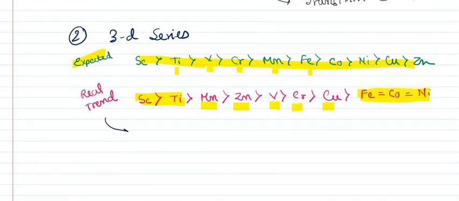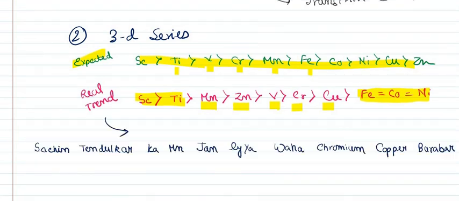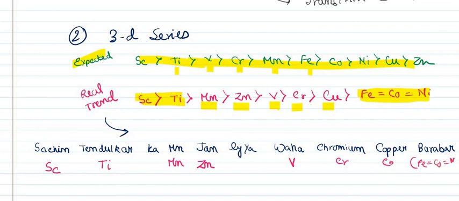But how you can memorize? There is another mnemonic that I will show you. Look at this mnemonic. Sachin Tendulkar ka man jaan gaya wahan chromium copper barabar. It does not make any sense, but it is actually effective. Sachin is scandium, Tendulkar is titanium, Man is Mn, manganese, Jan is zinc, Zn, Waha is V, vanadium, chromium, copper, this is easy, and barabar, iron, cobalt, nickel is barabar.